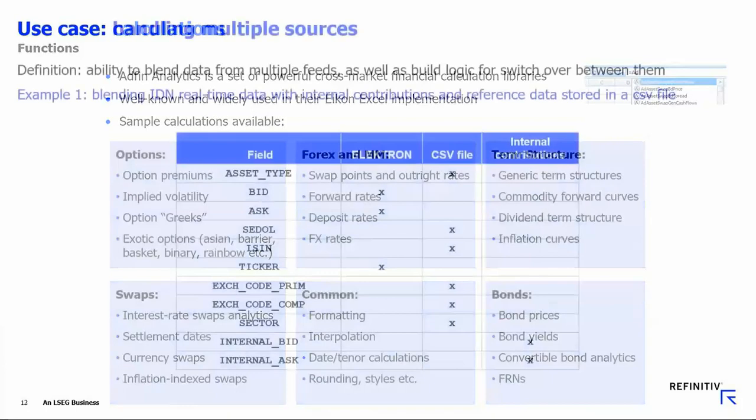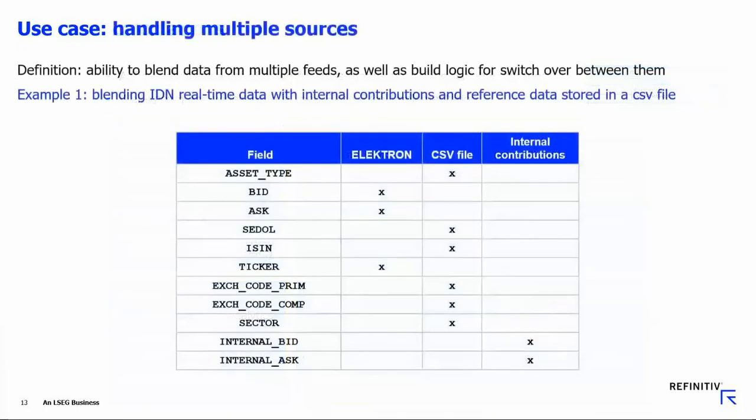Now I will go through the next use case, which is handling multiple sources. Example 1 shows the blending of IDN real-time data with internal contributions and reference data stored in a CSV file. So let's say a client's use case is the need to get data from several sources and multiple real-time platforms.